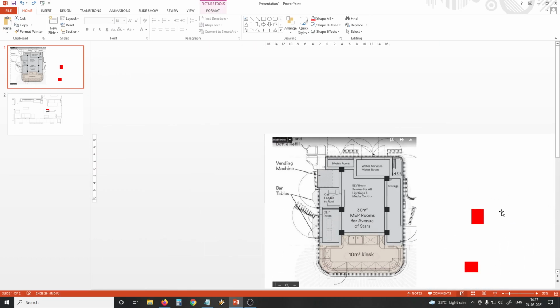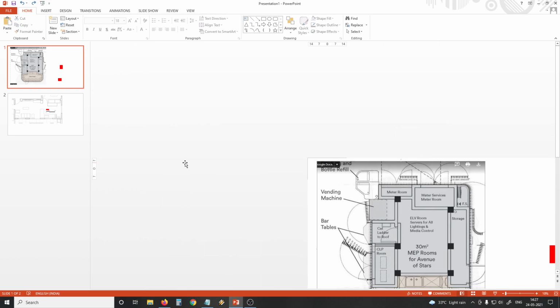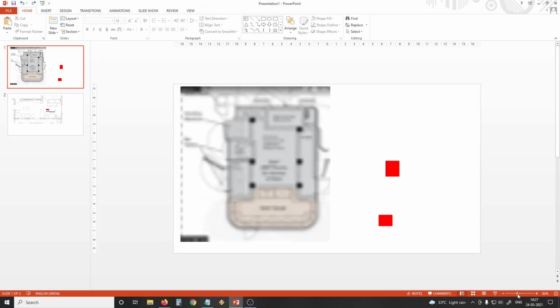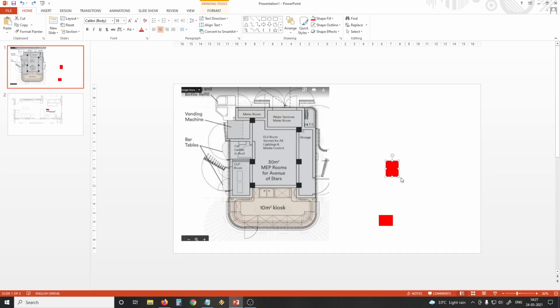Okay, so I placed it here. We know this width here is about 600. So now I scaled it like this to assume it. Now I get a reference that is movable. So I know now this is approximately 600.